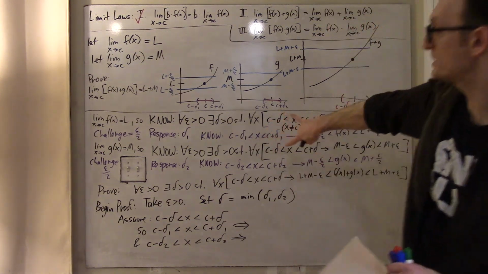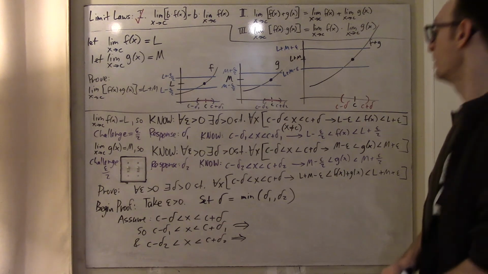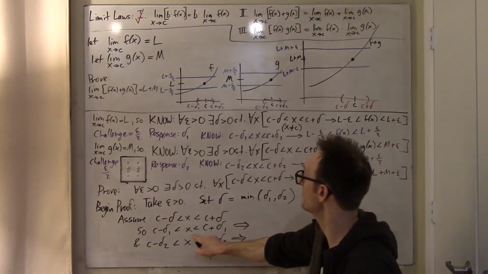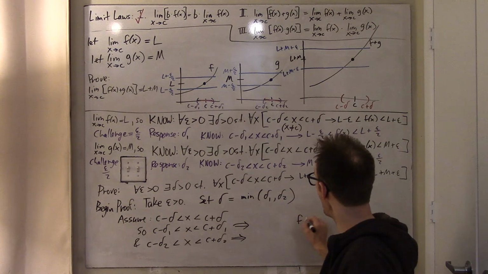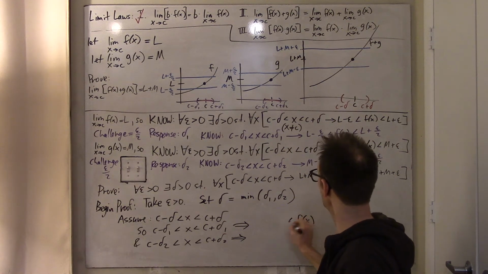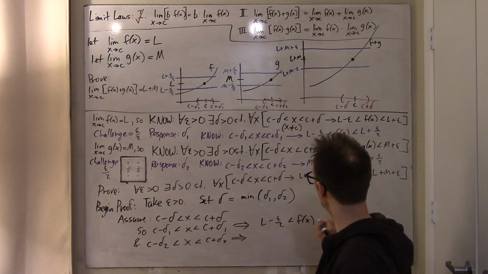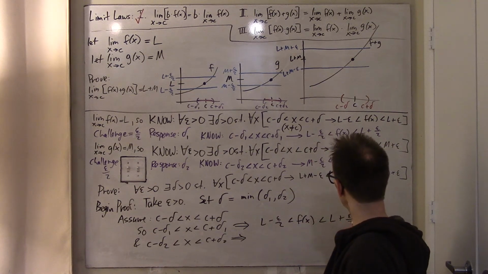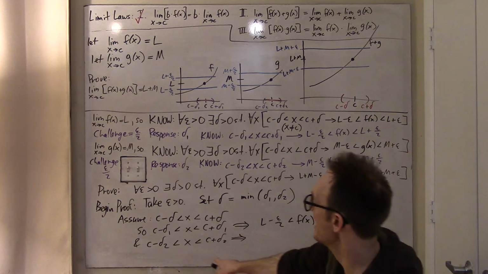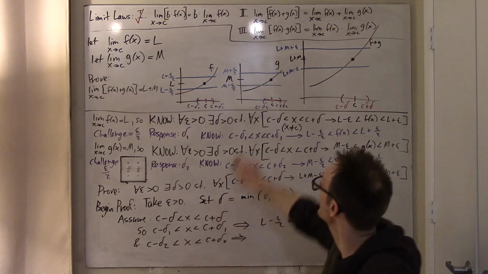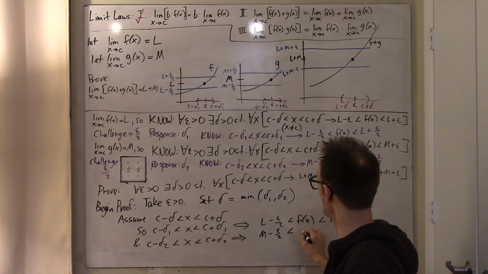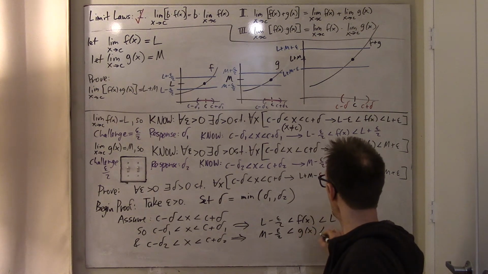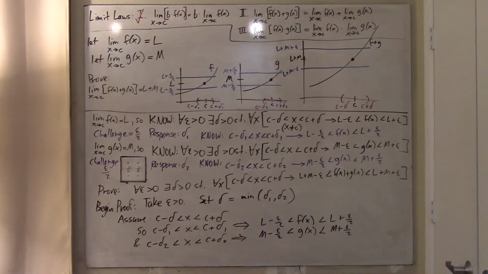But now, reaching for the two statements in purple, what do I know? Well, by virtue of the fact that I'm within delta 1 of C, I know that F is between L minus epsilon over 2 and L plus epsilon over 2. And if I'm within delta 2 of C, then G is within epsilon over 2 of M, and so I have both of these statements.